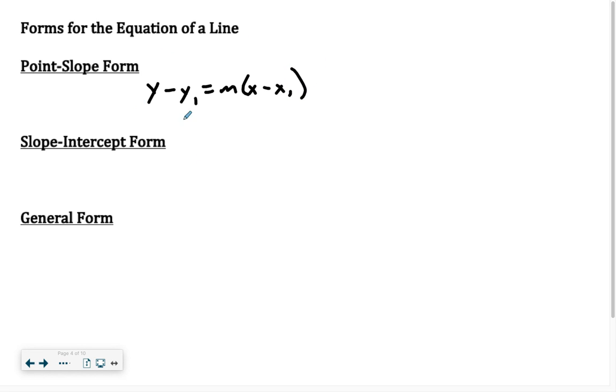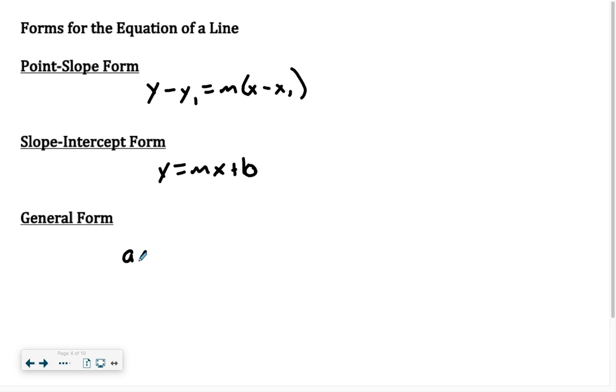This one is probably going to be the one that we use most often when solving problems. Now the slope-intercept form of a line, y equals mx plus b, is probably the one that you're most familiar with, where just by looking at this line, you can see the slope and the y-intercept.